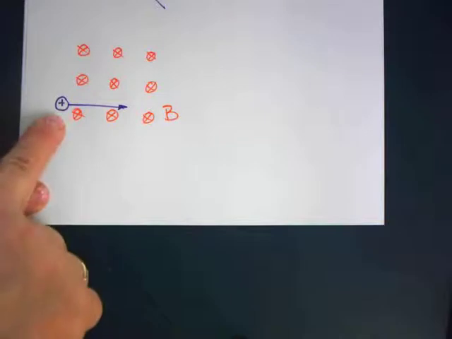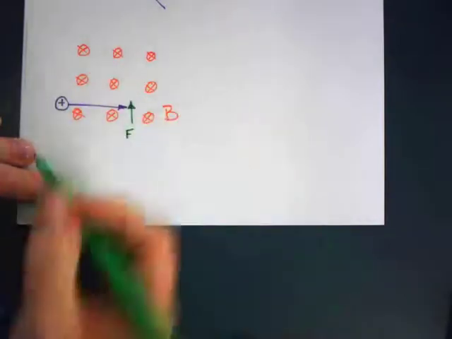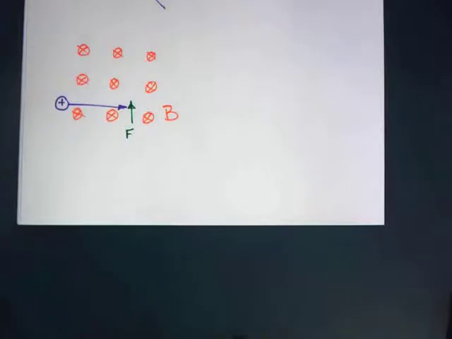So I want you to use your physics gangsta symbol and tell me which way that charge will be pushed. Josh is correct, it's up. We actually did this yesterday. So it'll be pushed up, right?